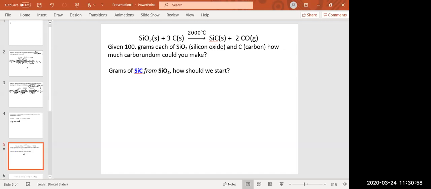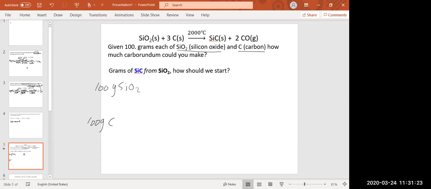Okay, so here we have 100 gram of SiO2 and 100 gram of carbon. So here we will start with 100 gram SiO2 and 100 gram carbon.